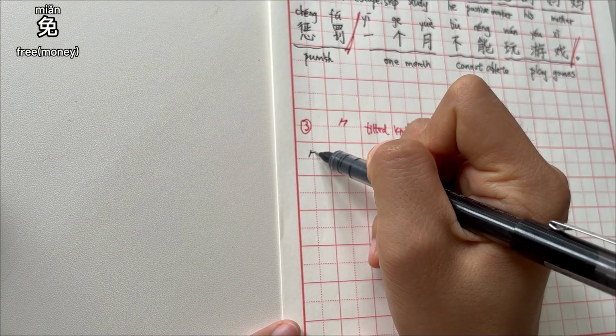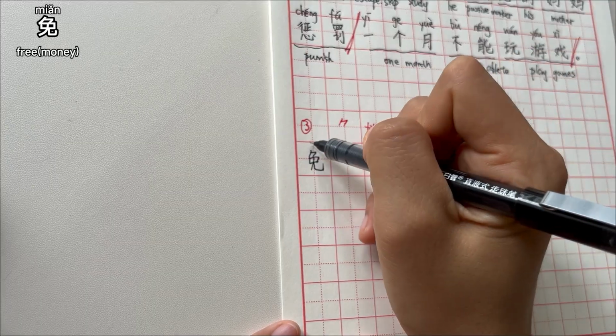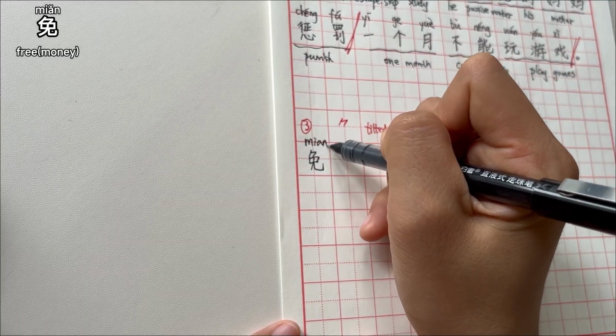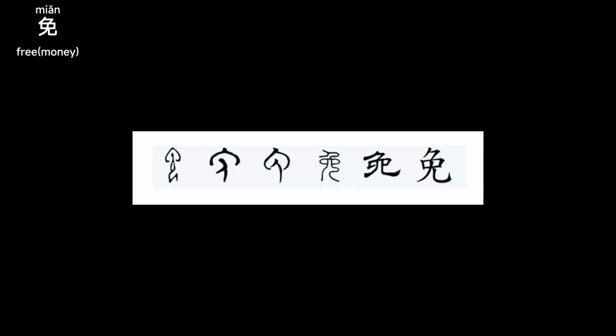The first one, here is 免 (mian). So here is the evolution for the character 免, and the original meaning of it is to take off the hat from the head.